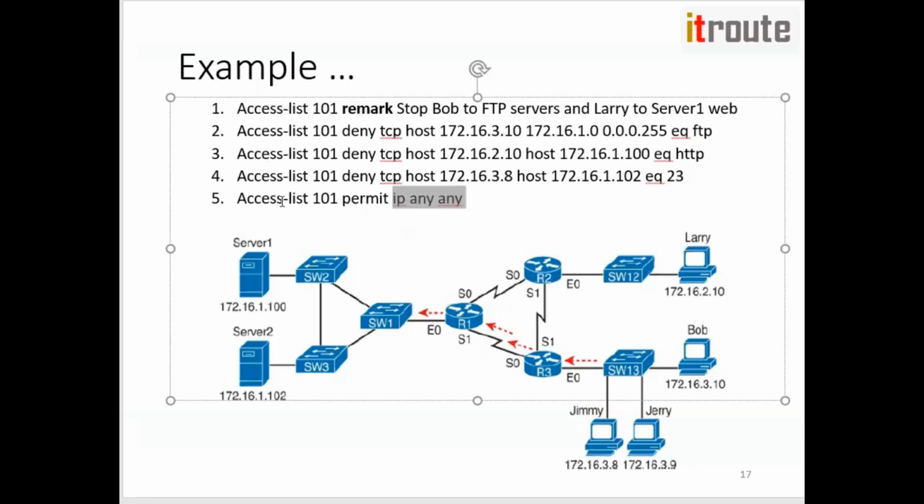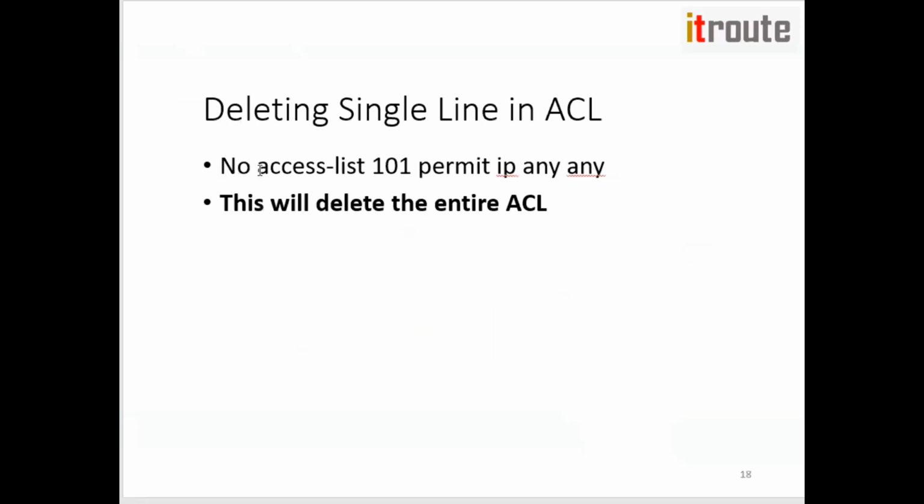But in this case, if you say permit any on line 5, and after that you want to deny a new host, you can't, because if the router checks the 5th line, it will allow everybody. So that's the problem. For that, you need to remove this line and add a new line, so you can put that line above. Now the problem is, if you delete a single line by saying no access list 101 permit IP any, this will delete the entire ACL.